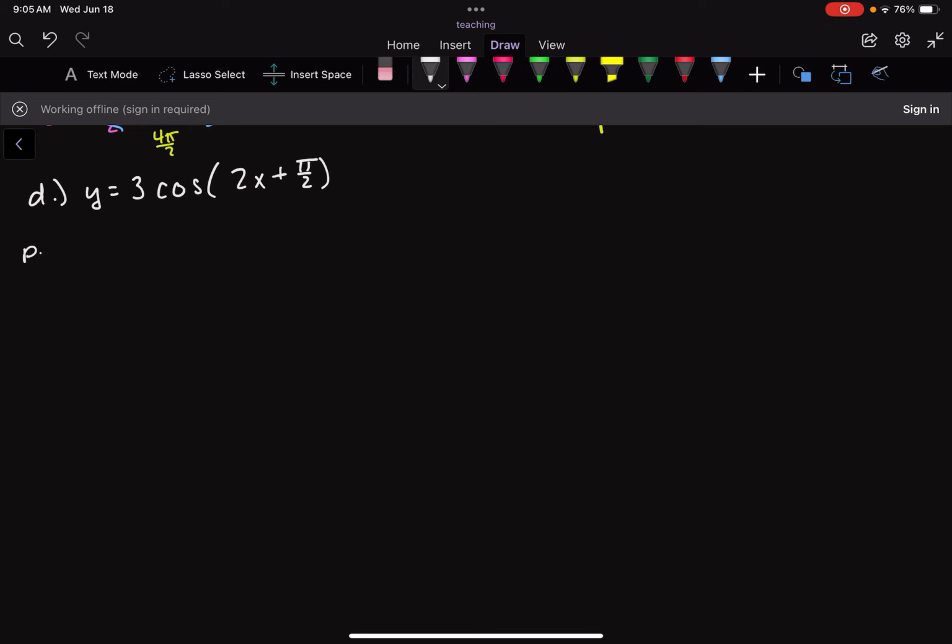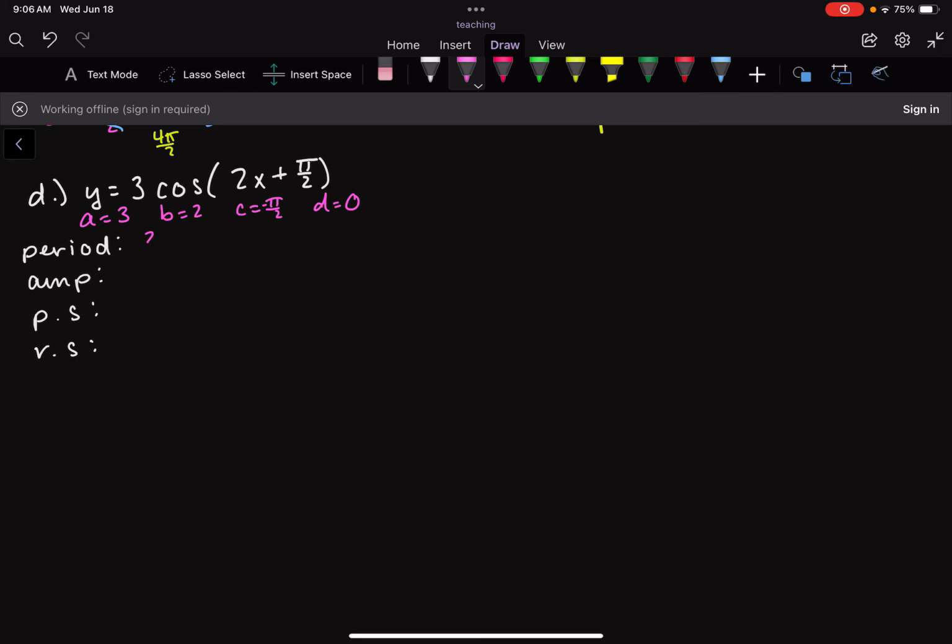So I'm going to ask for the period, the amplitude, the phase shift, and the vertical shift. So my A value here is 3, B is 2, C is negative pi over 2, and D is 0, none.